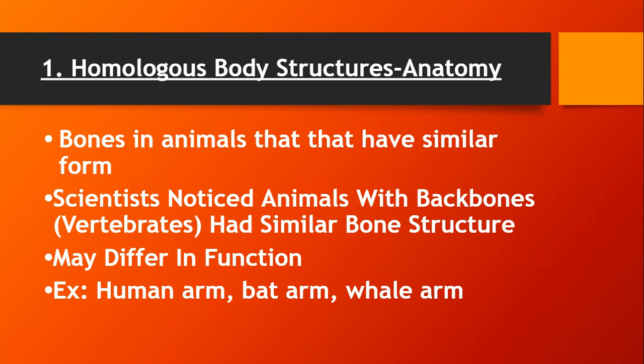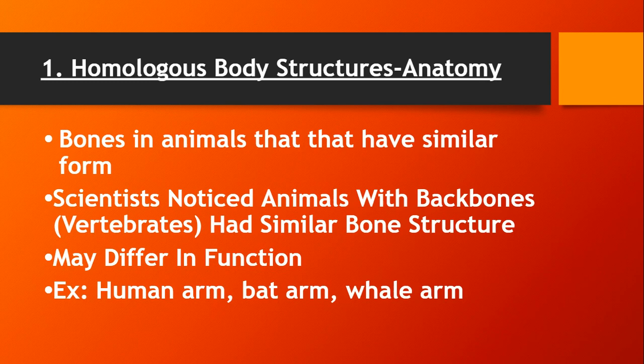But in bats, they were extended so that they could fly, and then in whales, they were flattened out so that they could be used in a flipper. But these are all homologous structures. They're all the same bones. They've just been slightly modified based on what function they needed to do for their environment.